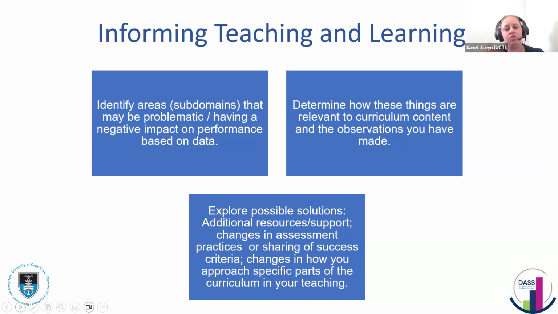And based on that, try and find possible solutions, whether that means some sort of in-class solution, maybe signposting, maybe providing additional materials, or maybe just spending a little bit more time on certain things. Or maybe it means that there is something that needs to happen outside of the classroom.